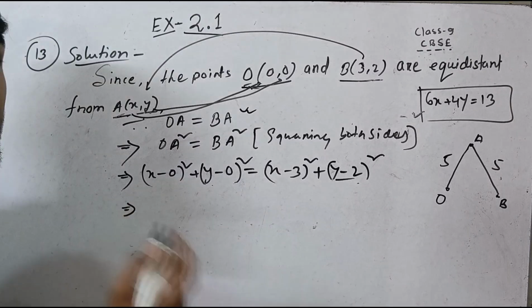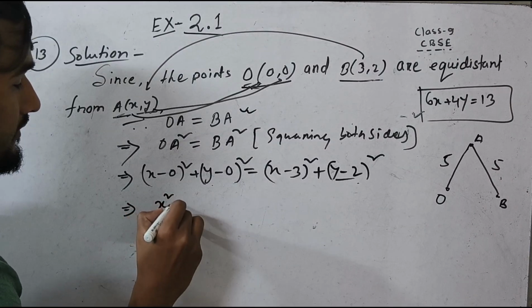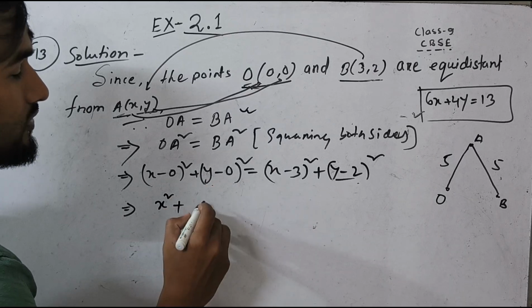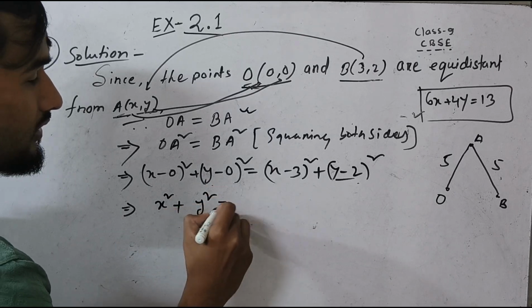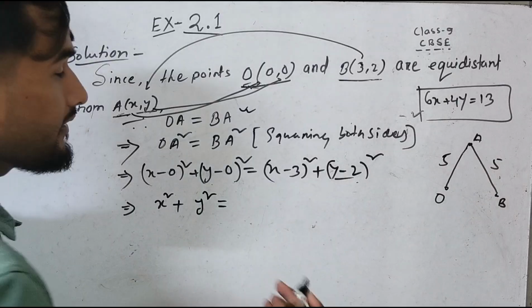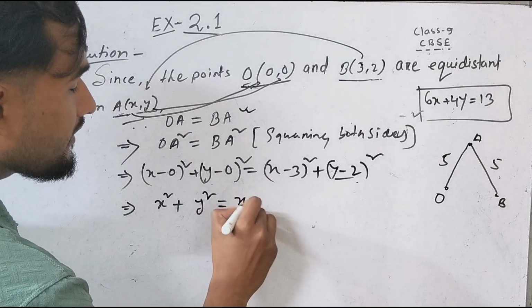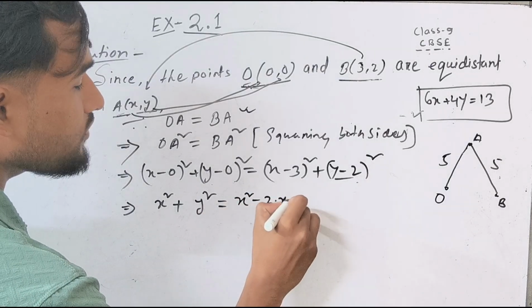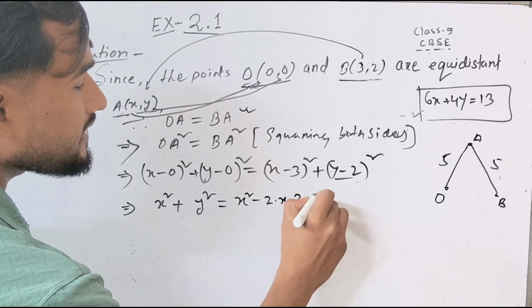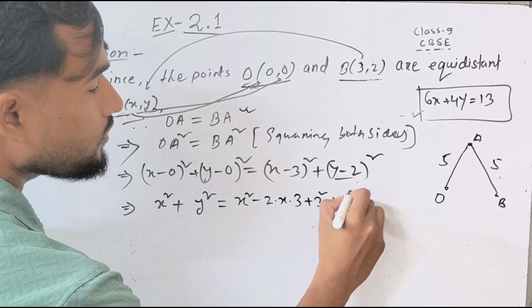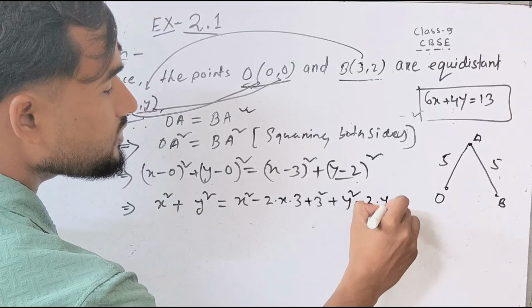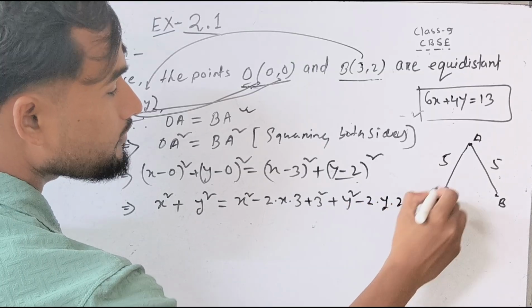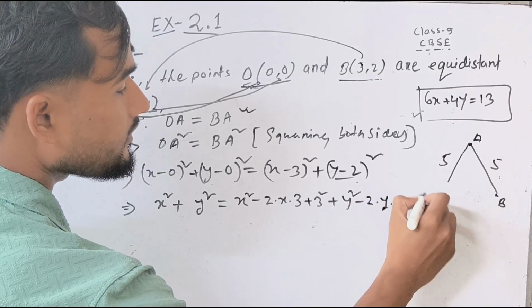Now x minus 0 will be x and y minus 0 will be y square, and x minus 3, using the a minus b whole square formula, x square minus 2 into x into 3 plus 3 square, again y square minus 2 into y into 2 plus 2 square.